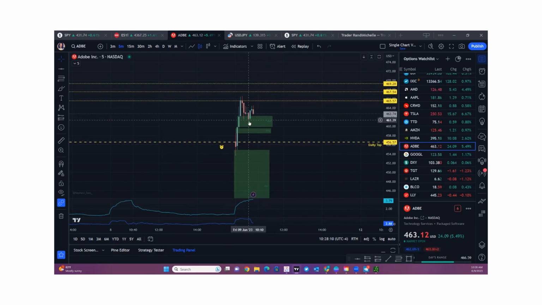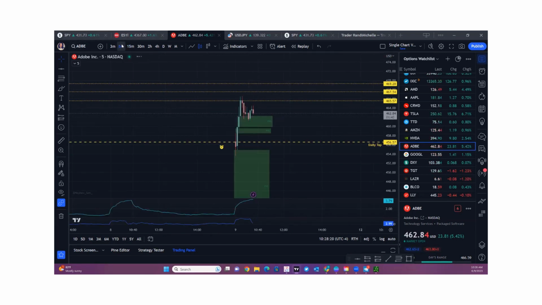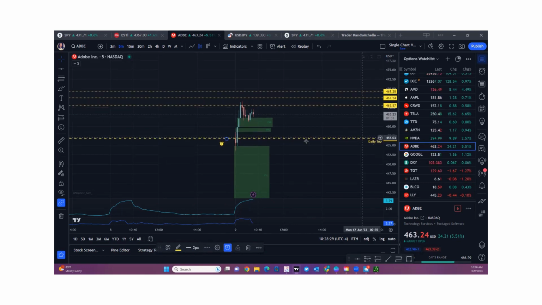You can see most of it, and once it's kind of in, I'm on the 5 minute. The 15 minute isn't giving a good signal yet, but it will need to come down into these larger retracement candles. If you chart Adobe on the 5 minute, I have the line at 456.73. That's for it to break, because I don't know if it's going to be an M.